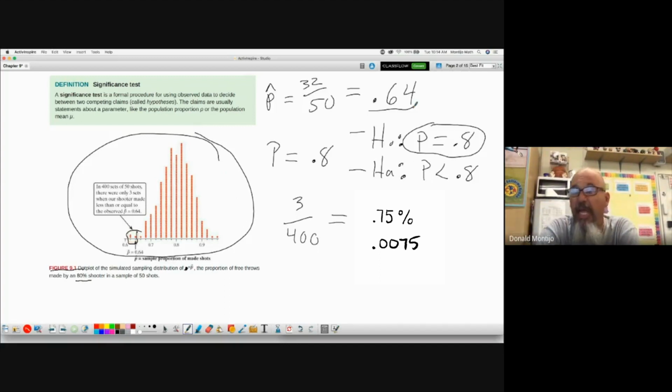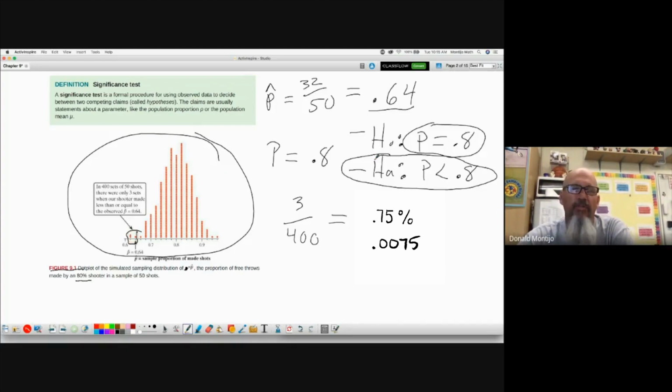We need to be able to speak the language of statistics. So either we will reject the null in favor of the alternative, or we will fail to reject the null, will be the language that we use. So that's basically what we're going to be trying to do for a significance test.